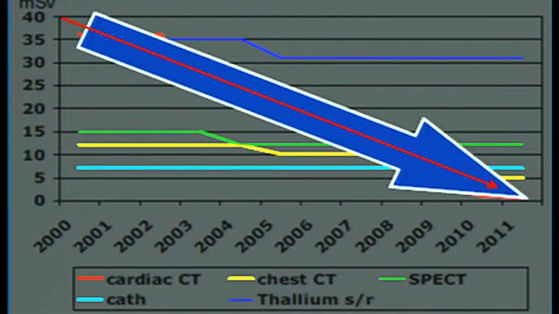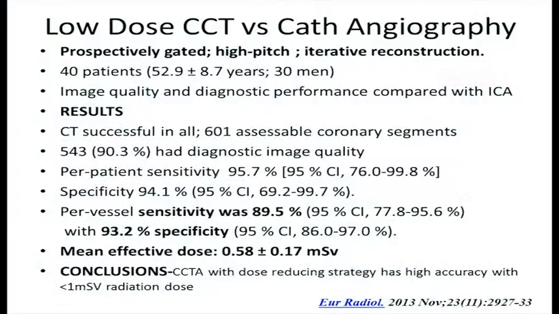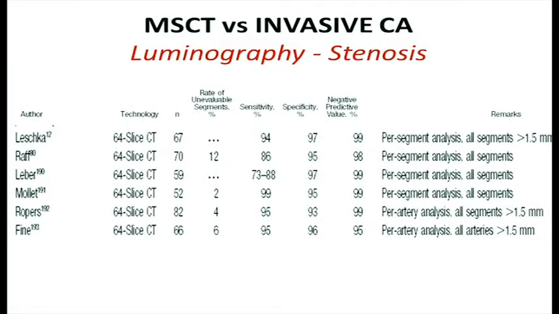But with the advent of higher multi-slice CTs with 256 slices and above, the radiation has come down to less than that involved in the catheter angiogram. In fact, there are studies which have reported less than 1 millisievert CT dosage with reasonably good sensitivity and specificity. So let's talk about how CT fares in luminography vis-a-vis the gold standard invasive catheter angiogram.